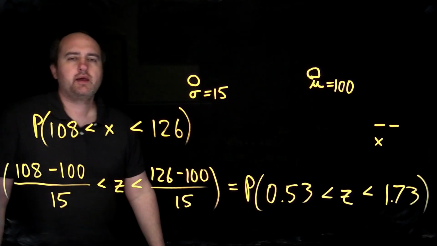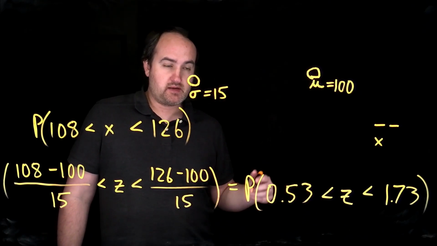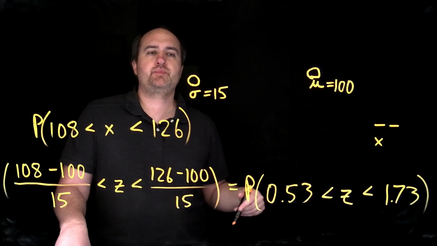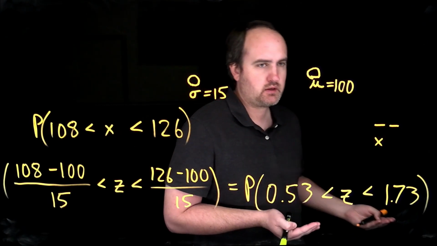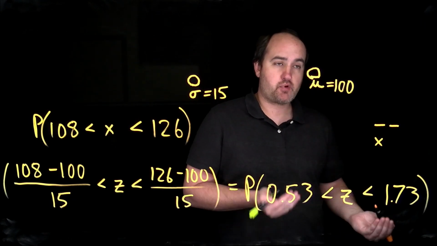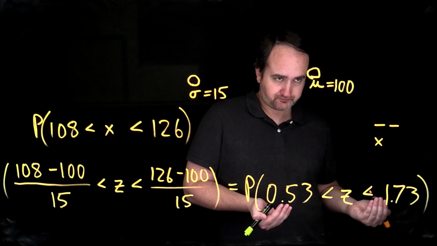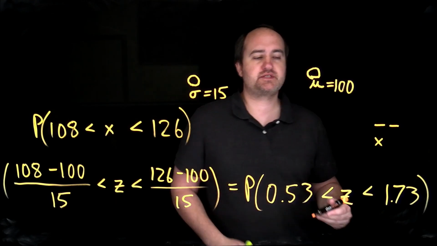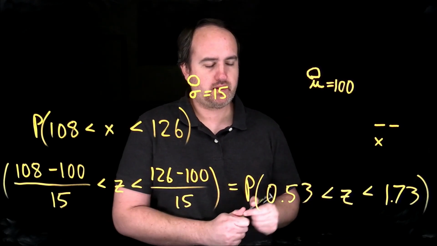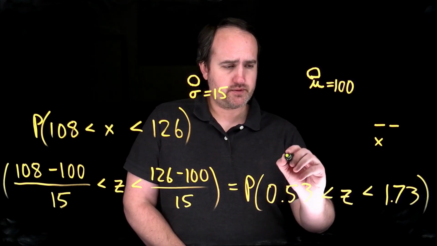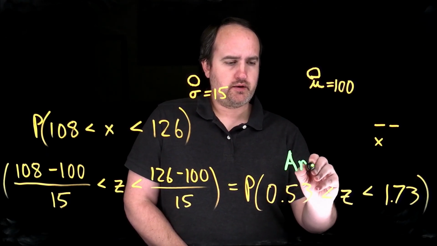Okay? And then now that we have these written as z-scores, now we can just notice that because we have 2 values, we need to look up both of these areas in table A2. And then remember that this is the area in the middle case. Okay, so whenever you have 2 z-scores, that's always going to be area in the middle.